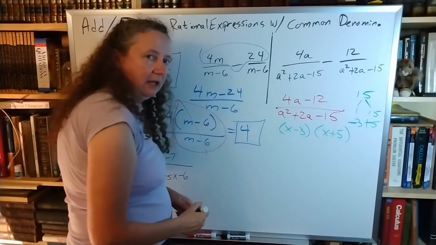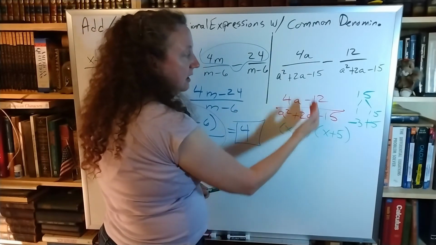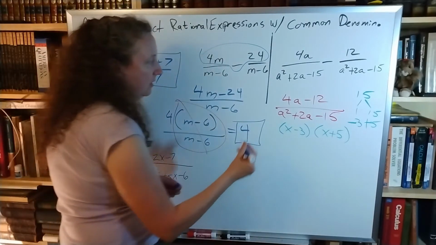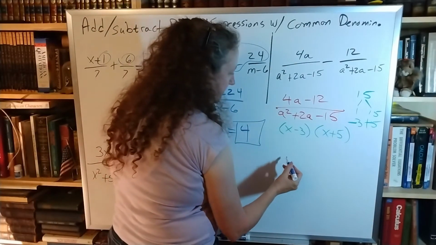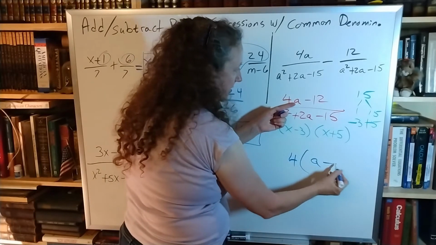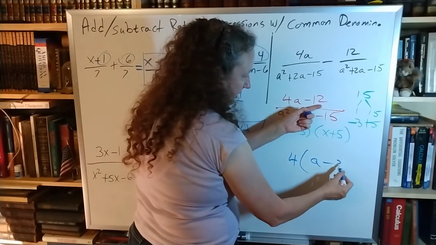Those don't look like that, but I see the 4 and the 12. I can factor out of that. So I divide each by 4. I have a minus 4. 12 divided by 4 is 3.